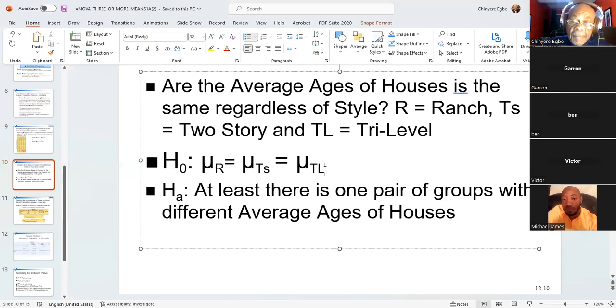As new customers come in, they chose different styles. And so the average age of houses will be the same, regardless of the style. The alternate is that at least one pair of groups has different average ages of houses.